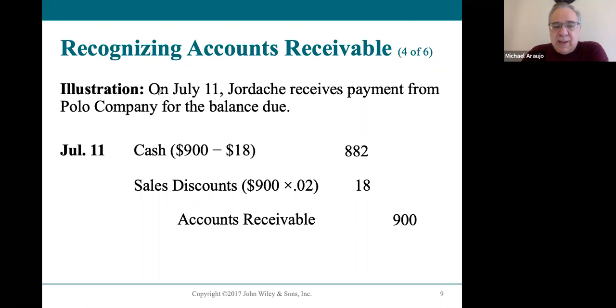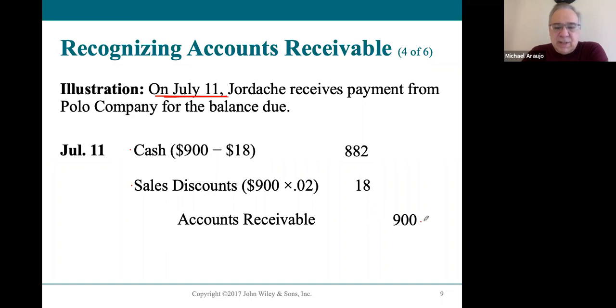If the company who you sold it to takes advantage of a discount period, that's also going to show up here, because you're bringing in less cash, right? In this case, 2% less is $18. So that sales discount is going to be debited along with the cash to fulfill all $900 of receivable that you were expecting.